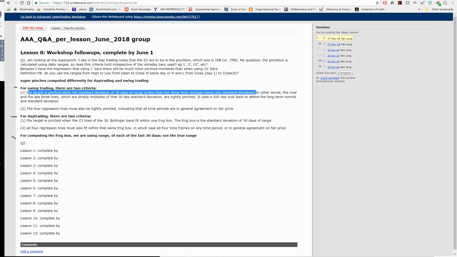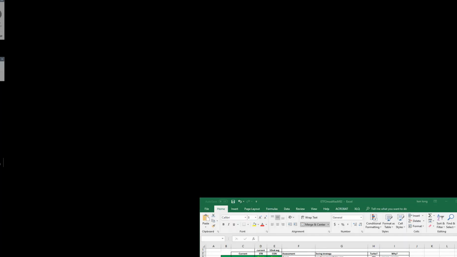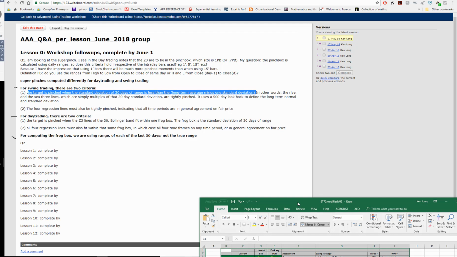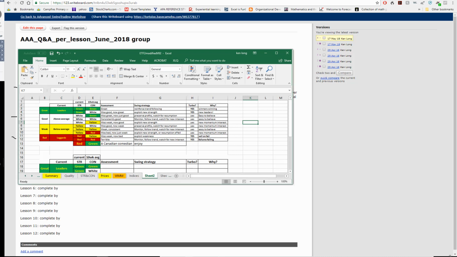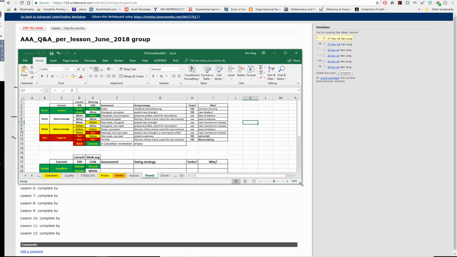So the next thing I want to do is, let's see, let me come to... I should have done this a while ago, but I just added this one into the weekend chart, just to give an explanation of how to use that ETF2, how I think about that.